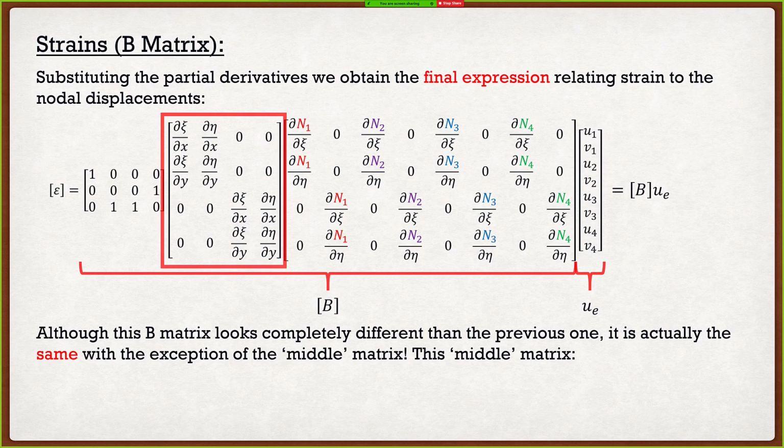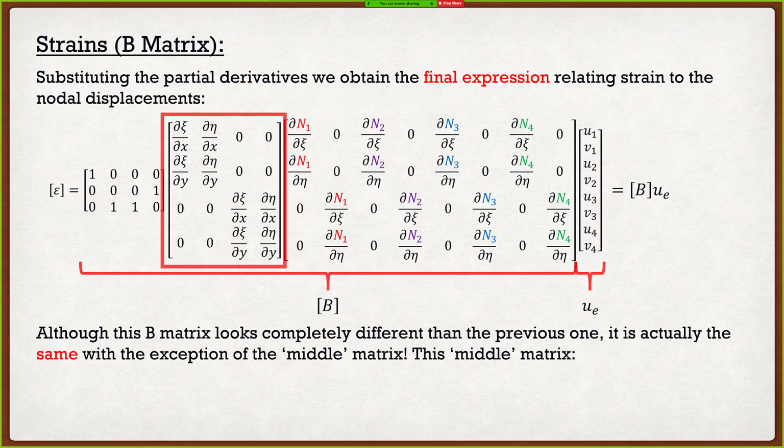Now, that middle piece, will that change between elements? What do you guys think? Will that middle piece change between elements? You guys are right. So the answer is yes. And the reason why is because that middle piece is a function of x and y.